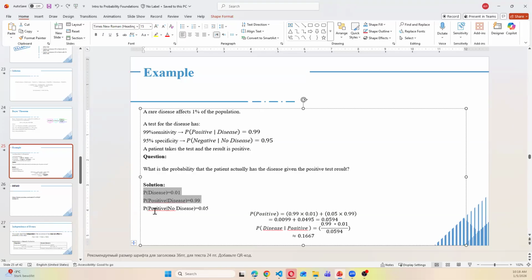Then we find the other, positive but no disease, because there might be an error with our system or device. The test kit may not be working, but it's showing positive. So positive and no disease is 0.05, and you can say 0.05 times 0.99. If you add these, it gives you the probability of positive. So the probability of positive is 0.0594. Now, the probability of disease given positive is 0.99 times 0.01 divided by the probability of being positive.